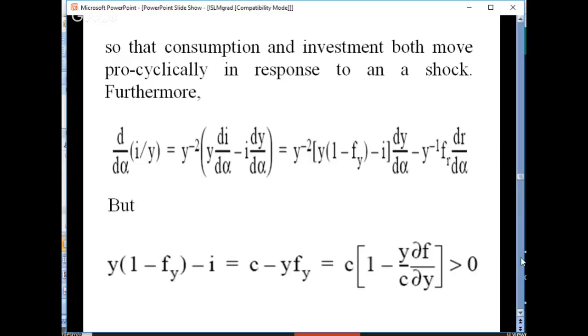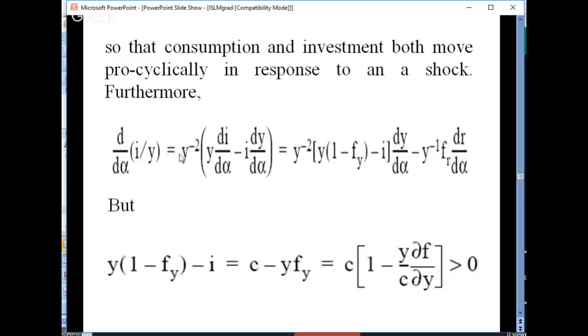So we have both pro-cyclical consumption and investment in response to a shock. We can also look at what happens to the ratio of investment to income in the economy in response to the shock.